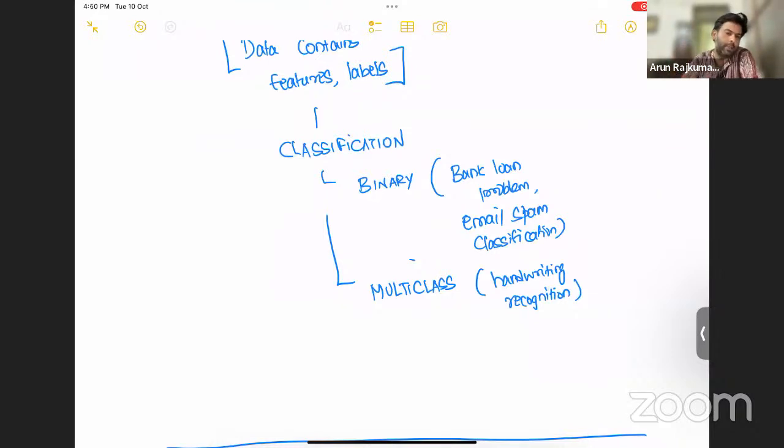Why it is something new, but why? You're right, but why is it something new? What makes you think that it's not binary or multi-class, but something new?